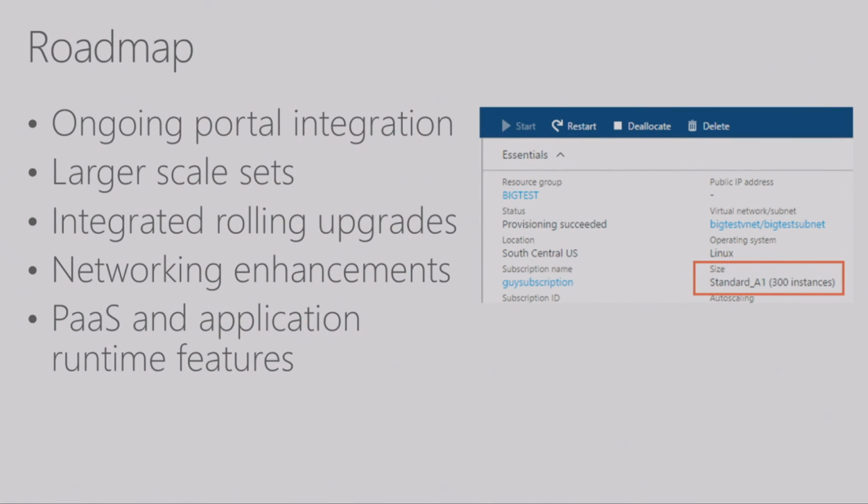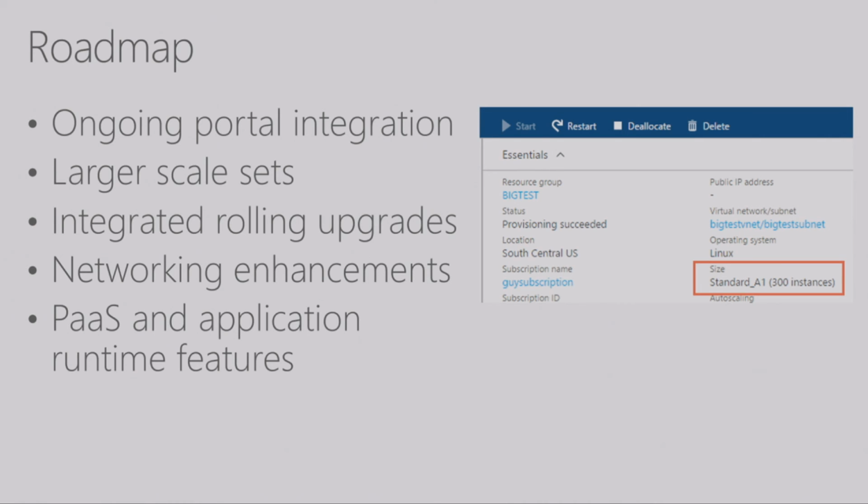What else are we doing in the portal? That rolling upgrade demo is all very well, but that's a kind of client-side demo. Some people still miss what you could do with PaaS v1 with worker roles, where the OS could just upgrade and you never had to think about it. It was fully automated. A lot of people have asked for that with scale sets, so we've started heading in that direction.